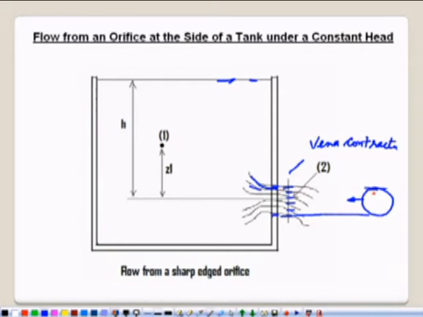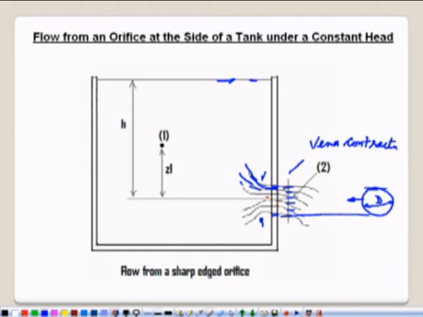Though the passage area is minimum, equal to pi by 4 d square, where d is the diameter of the orifice, because of the inertial effects these streamlines keep converging here, and because of the viscous effects this convergence happens up to a certain point only.